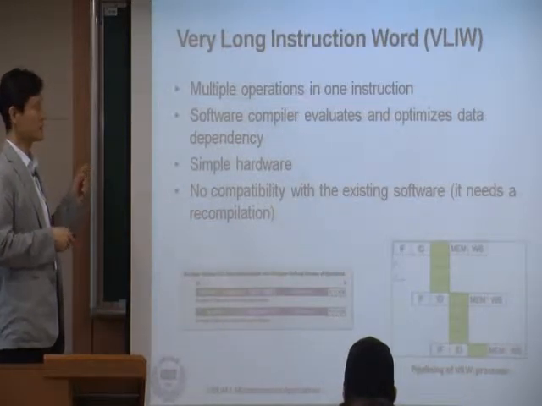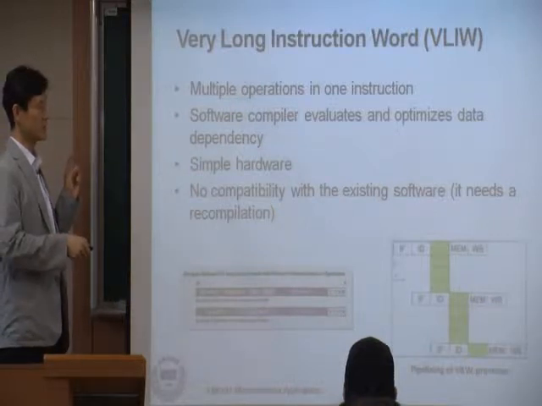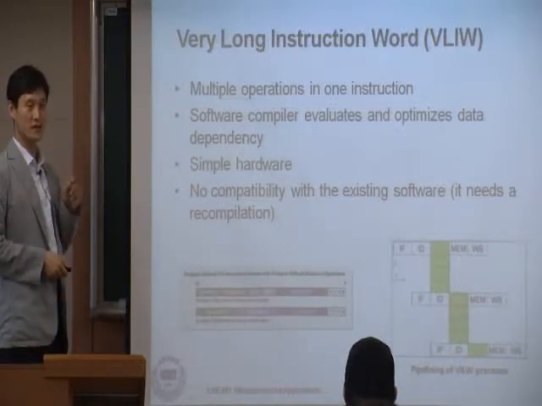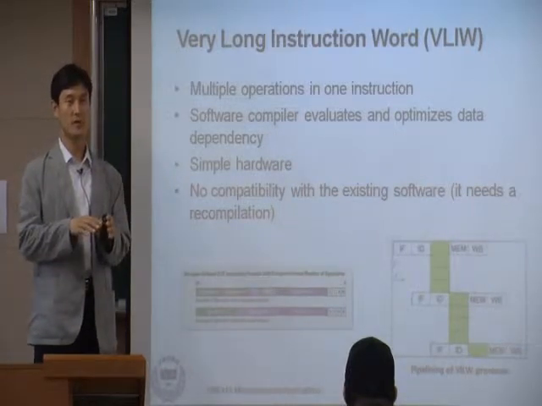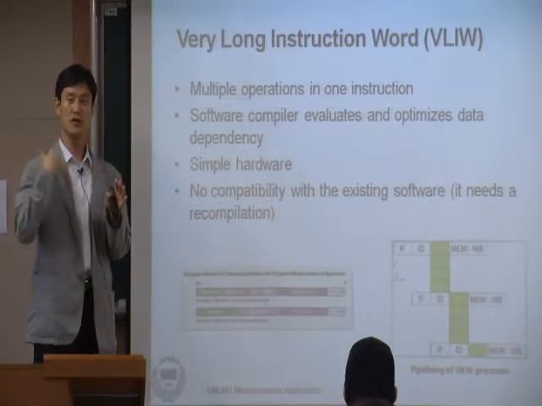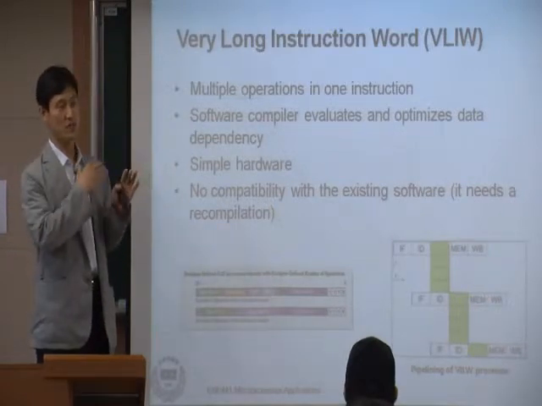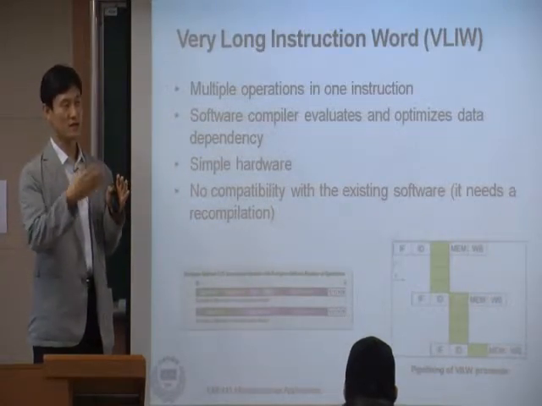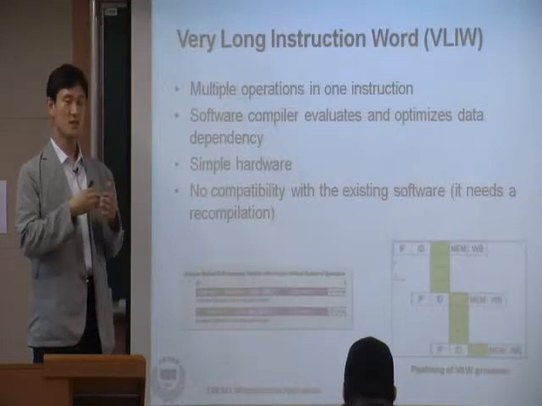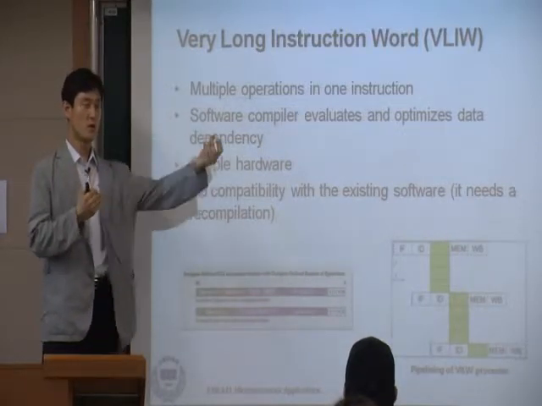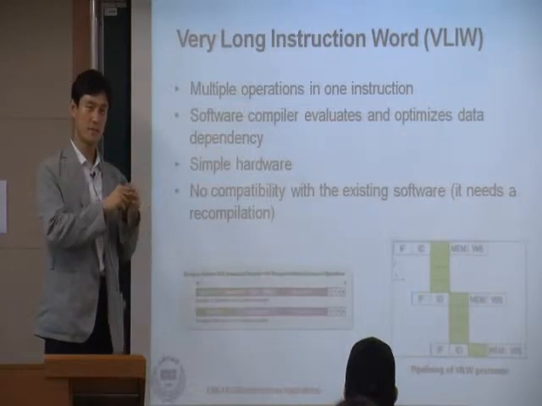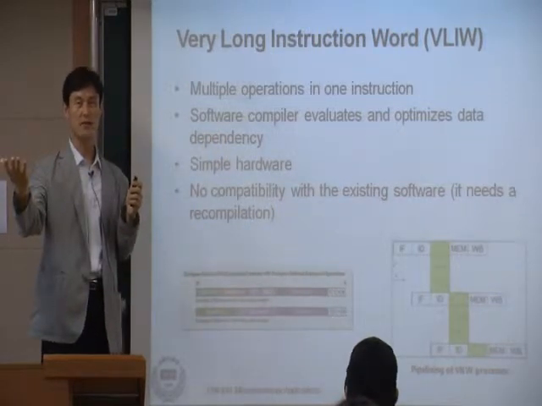In this case, we need to have a different compiler. You have your own assembly program, and with your assembly program, you run the compiler. In this case, we call that the assembler, right? What is the basic function of the assembler? The assembler reads your program and converts that into binary.